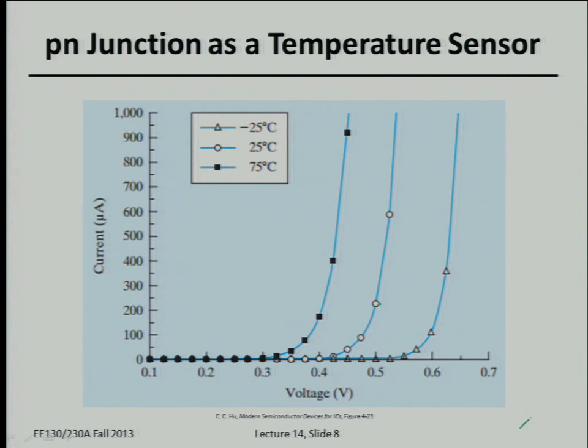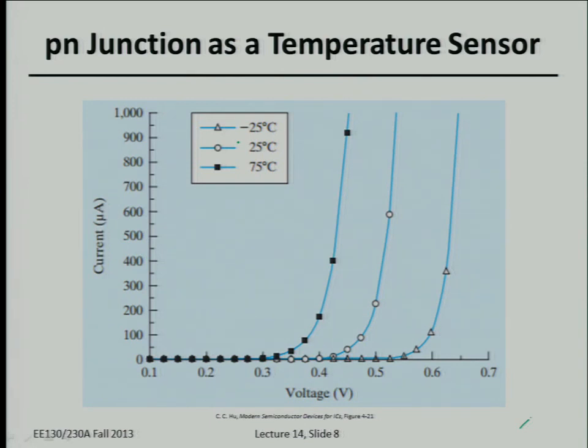But qualitatively, if I didn't show the legend in the middle, in general, as you increase temperature, does the curve shift to the right or to the left? Not looking at the legend.